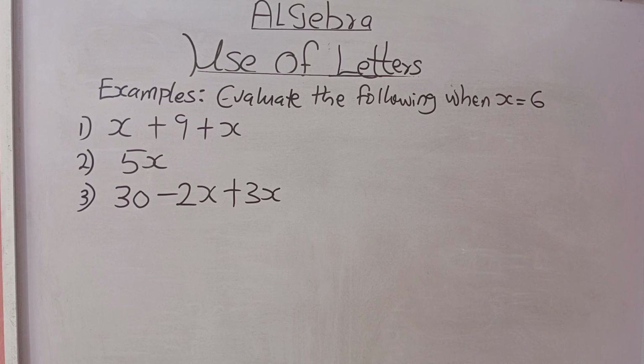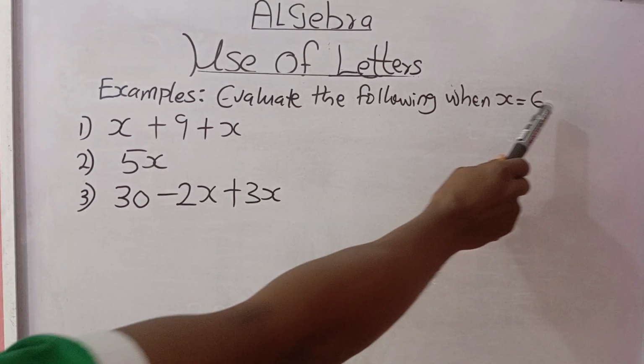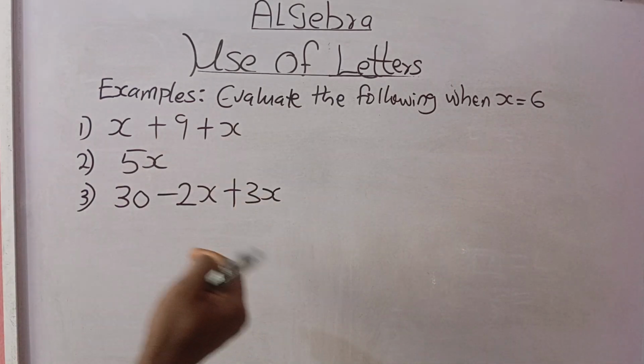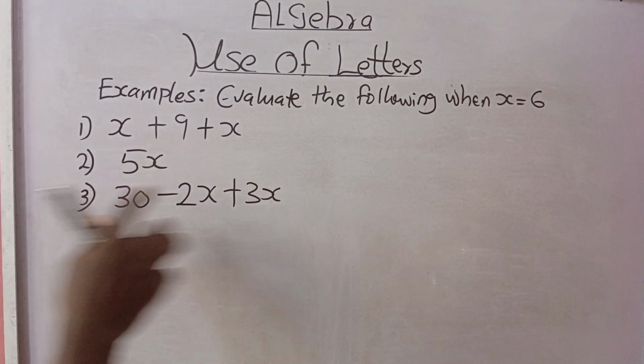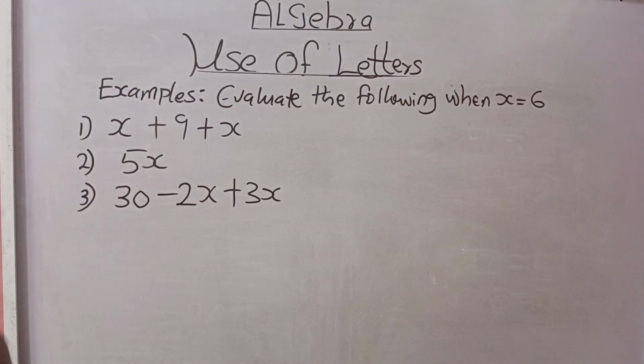But in this particular one, the question says evaluate the following when x is equal to 6. What it means is that wherever we see x in any of these expressions, we should replace it with 6. That is exactly what it means.